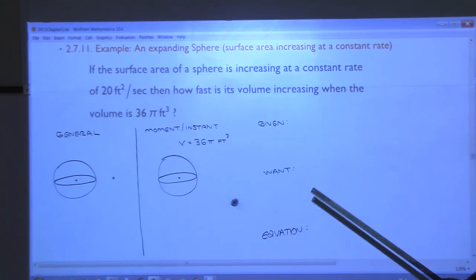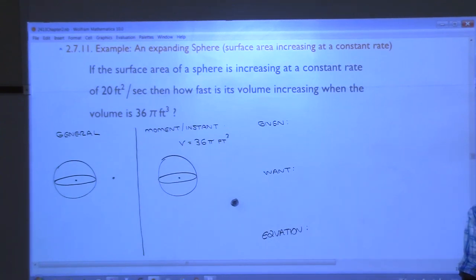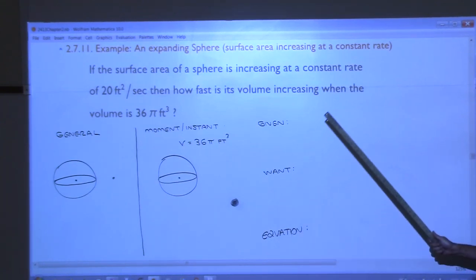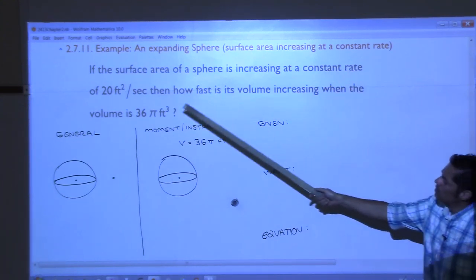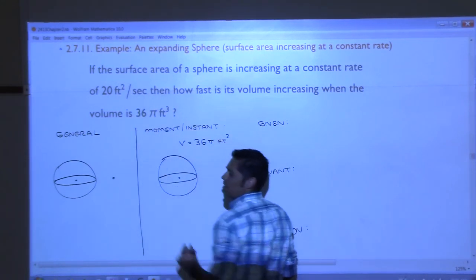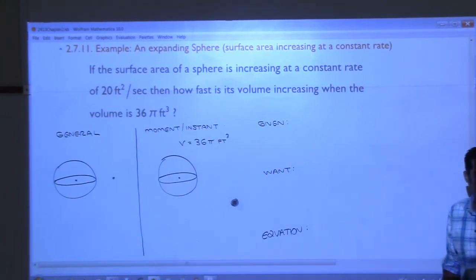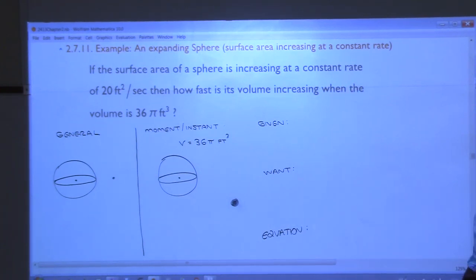So how about anything I'm given? I'm given what's increasing at a constant rate? The surface area, right? The surface area is increasing at a constant rate. And when we say a constant rate, when you see the word rate, you should be thinking speed, you should be thinking derivative.